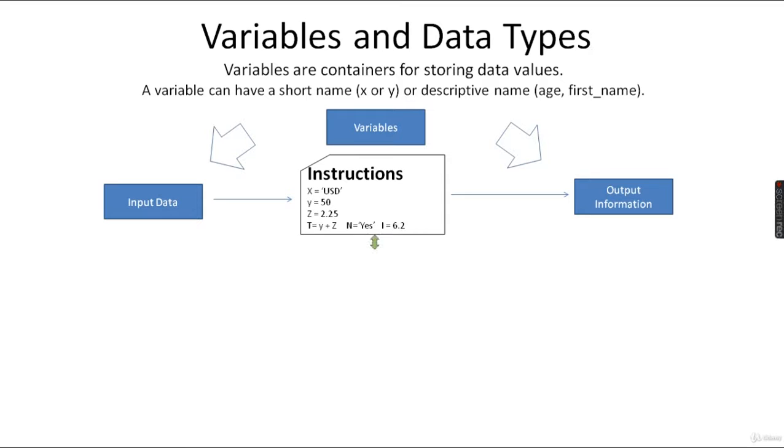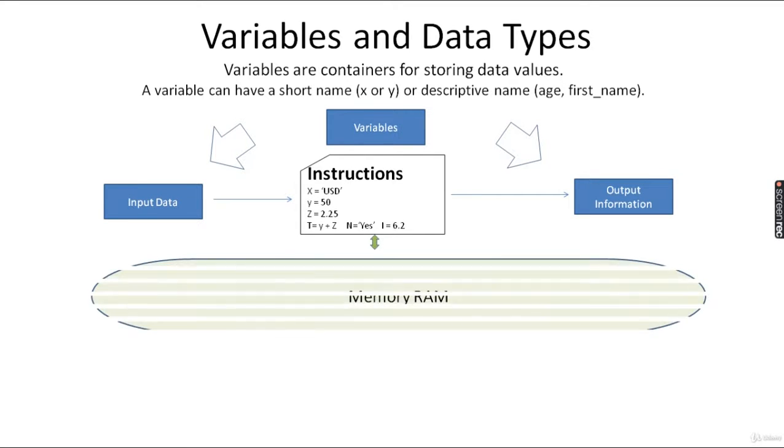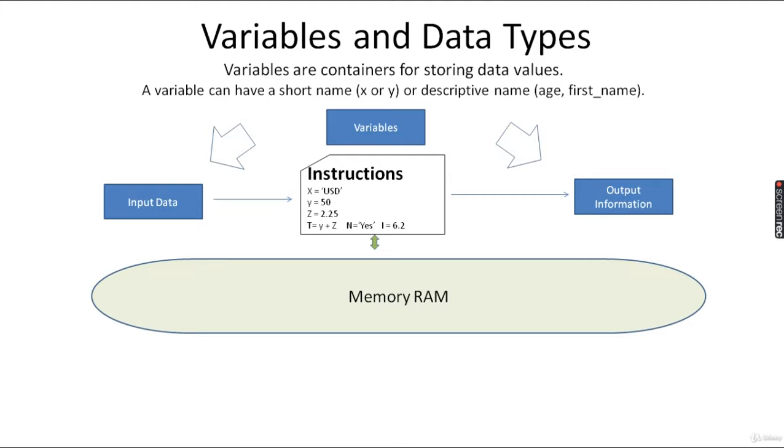So these commands are actually interacting directly with the random access memory of the computer. Once we type X equal USD, a memory cell is registered for the variable X and refers to the data type as a string.